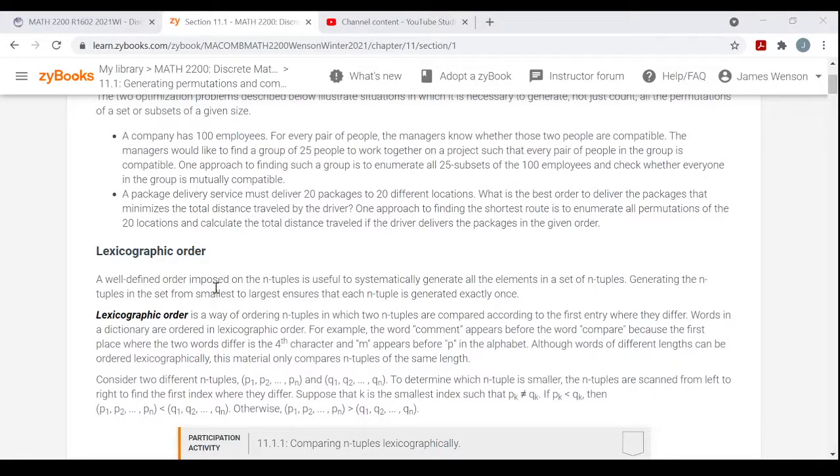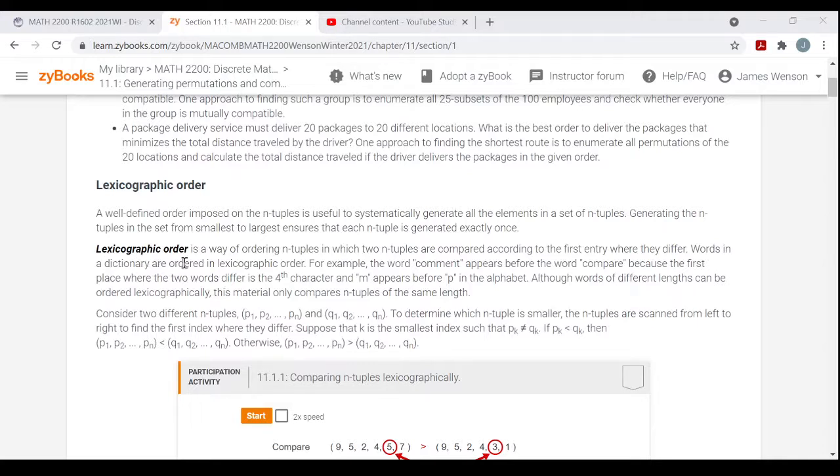A well-defined order imposed on the n-tuples is useful to systematically generate all the elements in a set of n-tuples. Generating the n-tuples in the set from smallest to largest ensures that each n-tuple is generated exactly once.